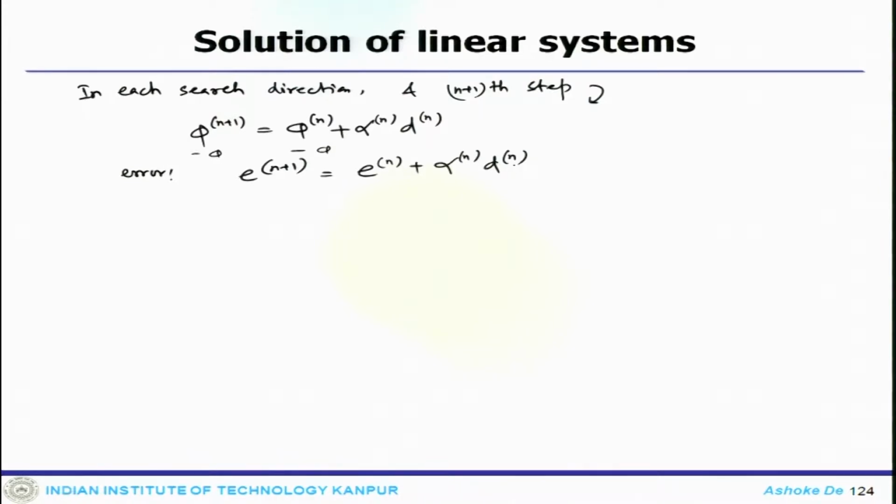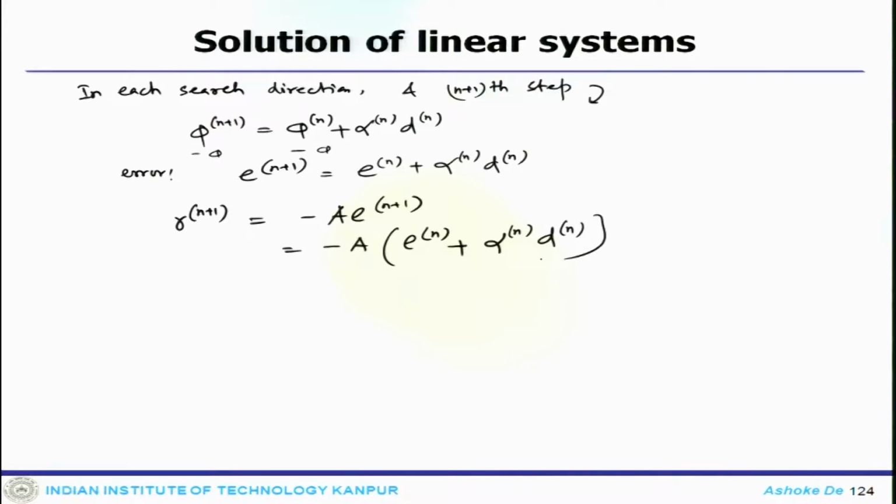Now you put these things together for the residual vector. That will get you minus A E n plus 1, which is nothing but A E n plus alpha n d n, which gives R n minus alpha n A d n.